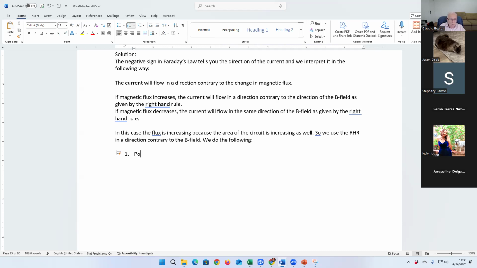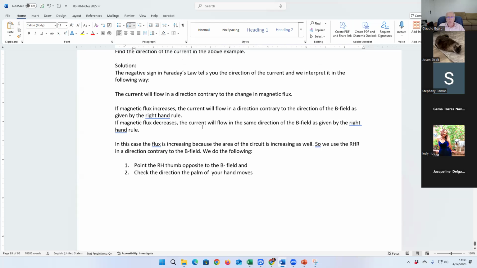One, point the right hand thumb opposite to the B field, and two, check the direction the palm of your hand moves.